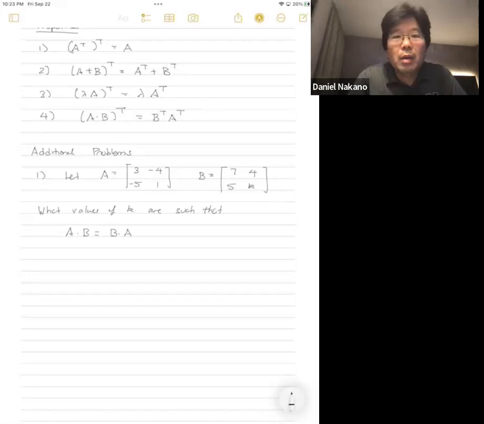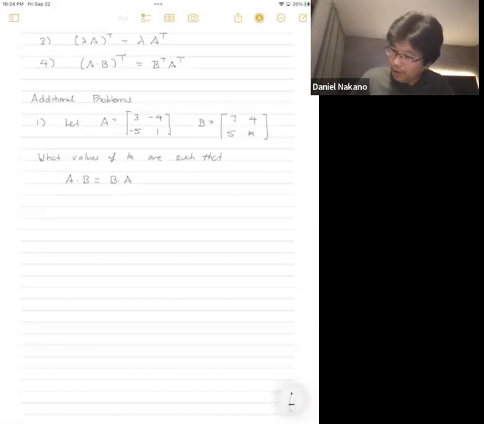So we'll matrix multiply on both sides and just compare. And once we compare these two, then we'll actually see what k has to be. All right, so let's multiply A times B first.